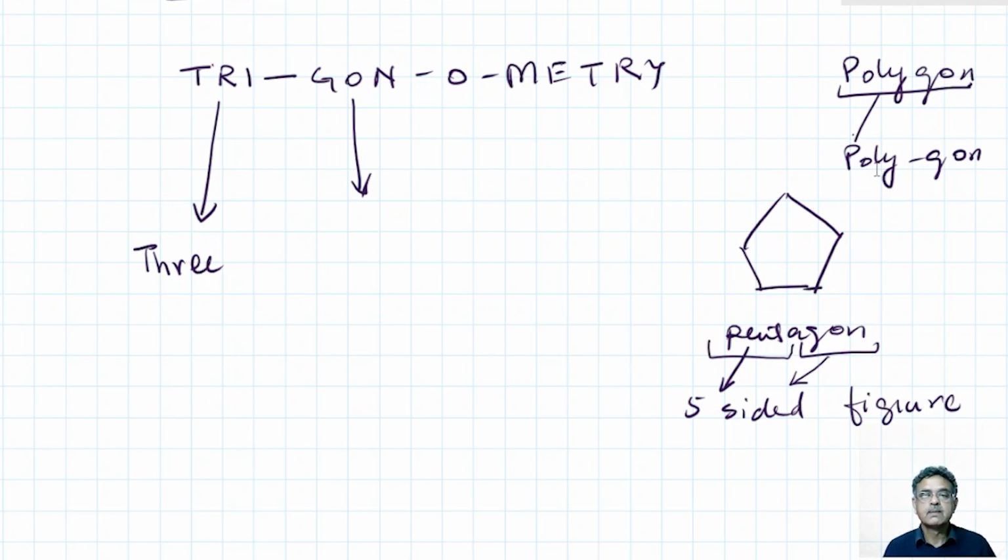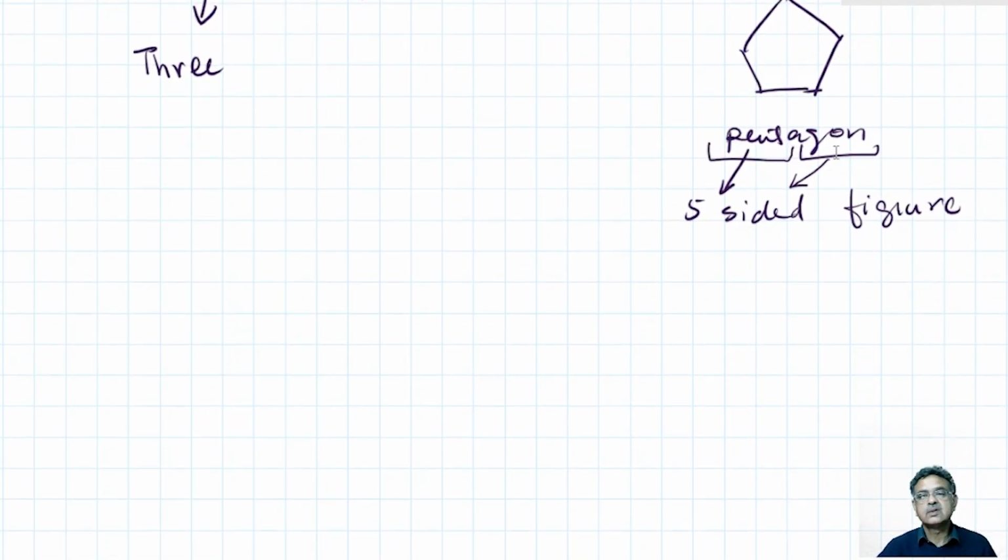A polygon is never an open figure. If there are four sides like this and it is open here, this is not a polygon. It has to be closed.